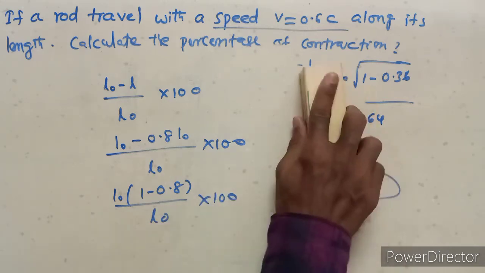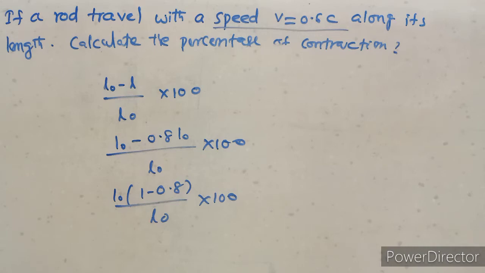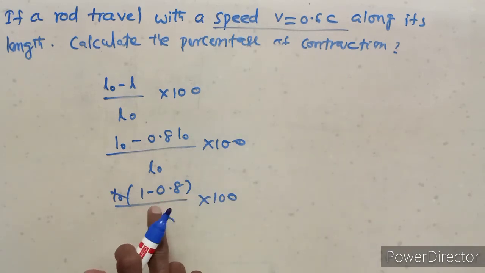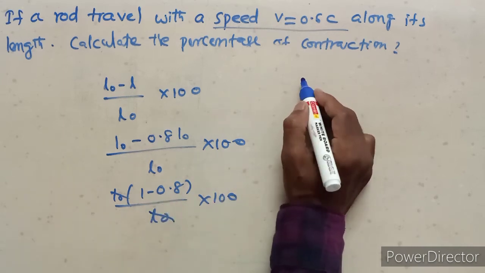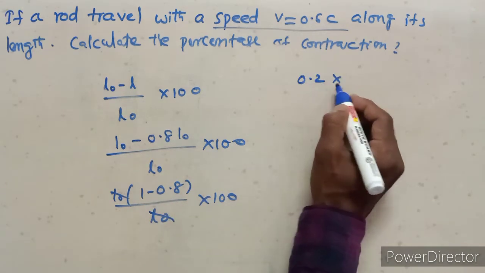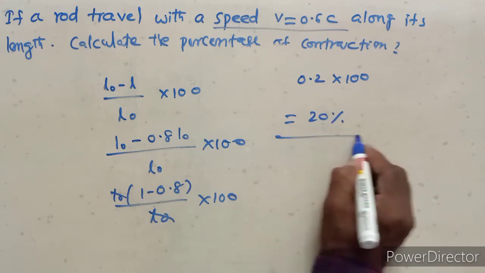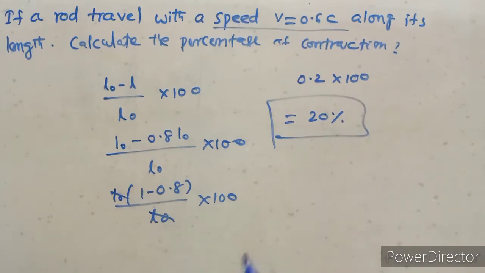Further simplification, L0 cancels, 1 minus 0.8 is 0.2 into 100, which equals 20%. Length contraction is 20%.